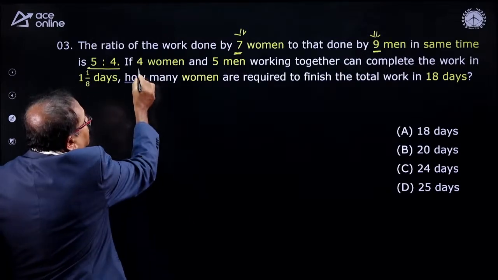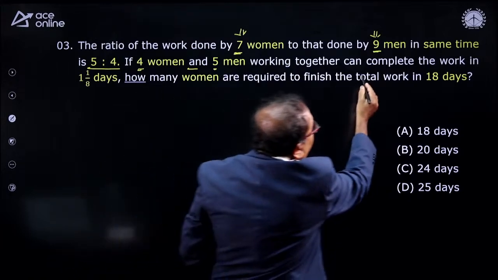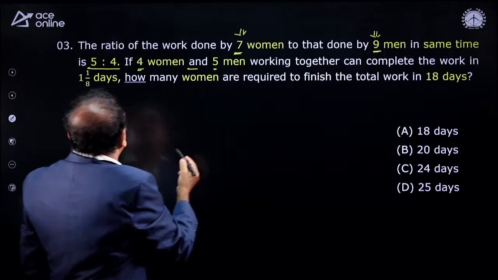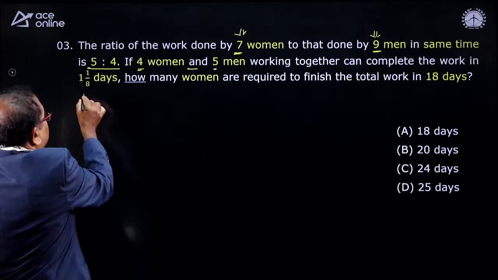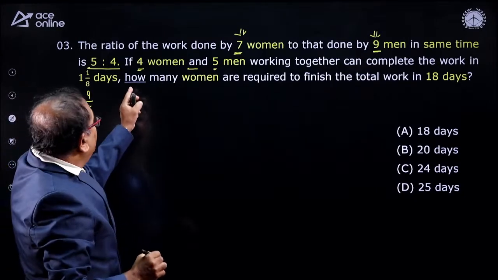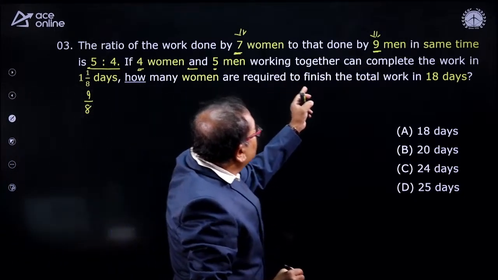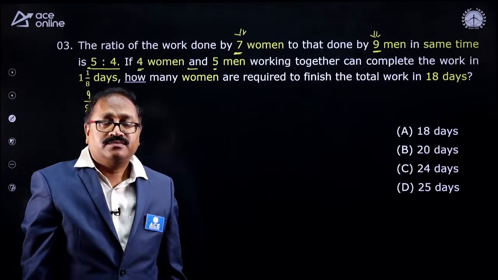Next, 4 women and 5 men working together can complete the work in 1/8 days, that means 9/8 days. How many women are required to finish the total work in 18 days?